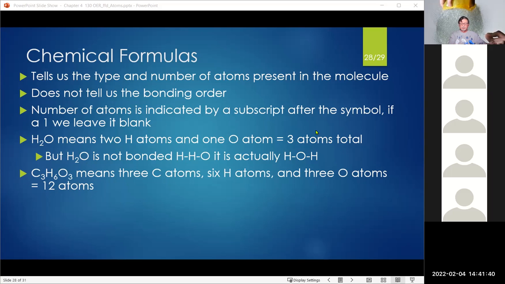It can represent multiple compounds, and this one could be acetic acid, aka vinegar. All right. Anyway, takeaway from here is that there are 3 carbons. Okay. There are 6 hydrogens, and there are 3 oxygen atoms in this molecule for a total of 12 atoms.